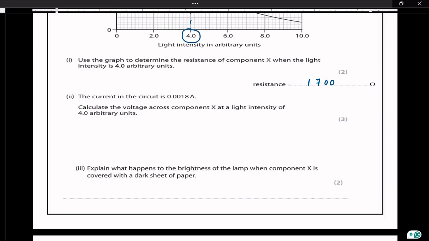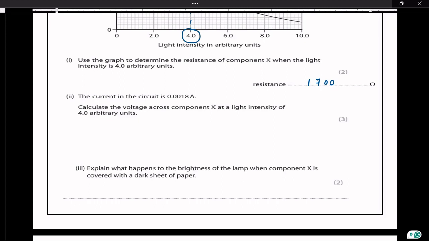The current in the circuit is 0.0018 ampere. Calculate the voltage across component X at a light intensity of 4 arbitrary units.